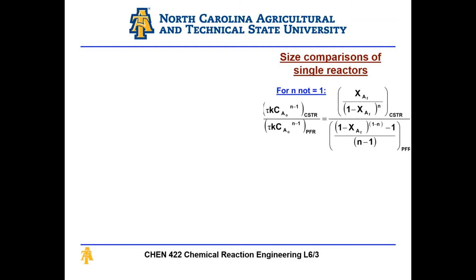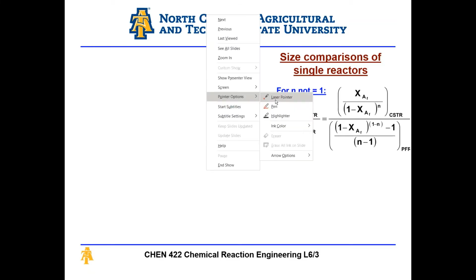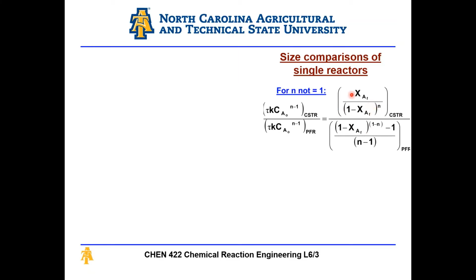And the ratio of these two volumes is equal to the expression we just derived: XAF over 1 minus XAF to the n for a CSTR, divided by the integral of 1 minus XAF to the 1 minus n minus 1 for the PFR.